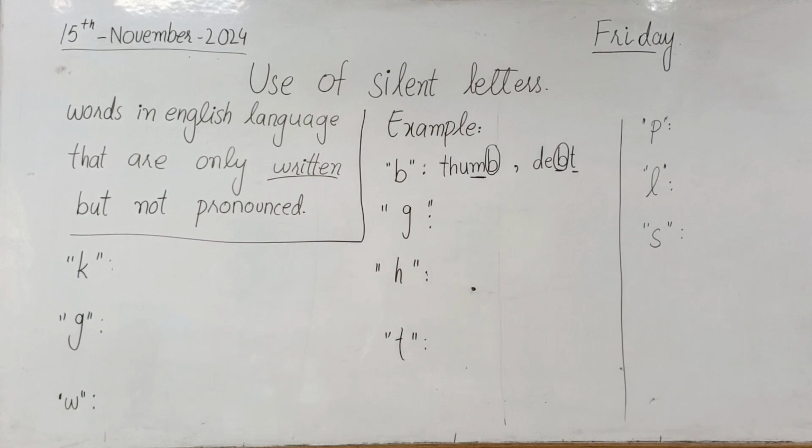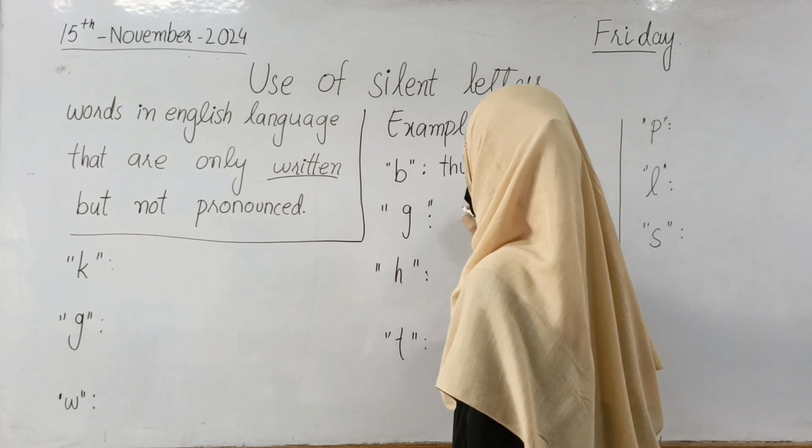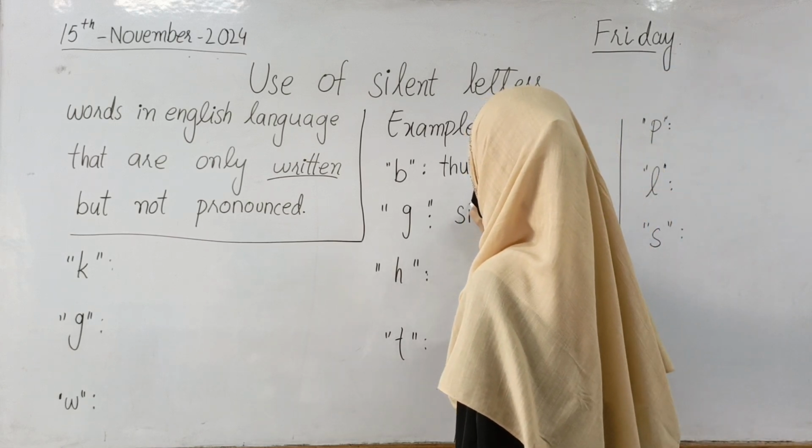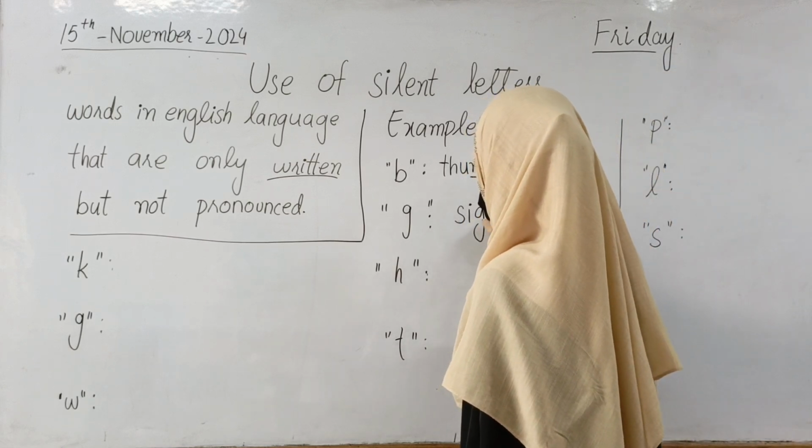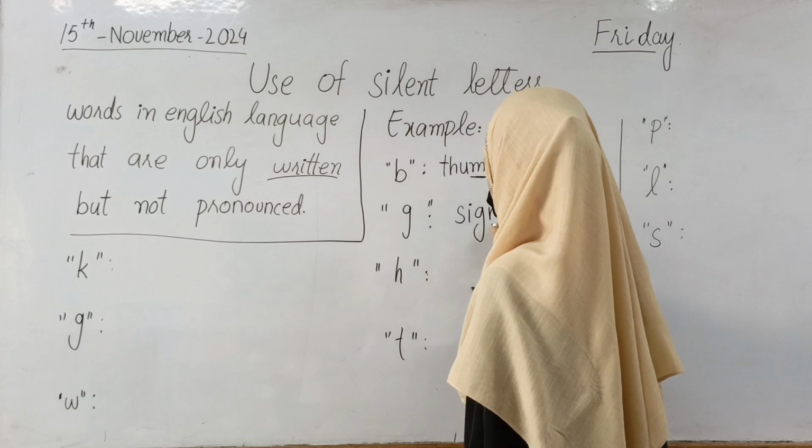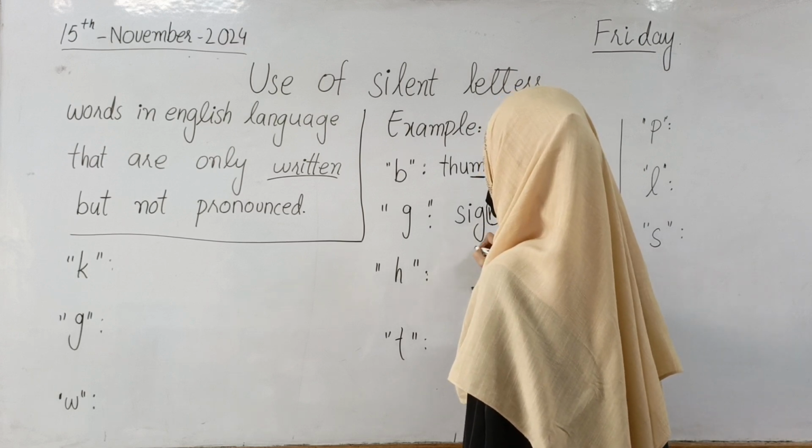The second we have is G. G is silent before N. In every word where N comes after G, G is silent. The first word we have here is, for example, sign.